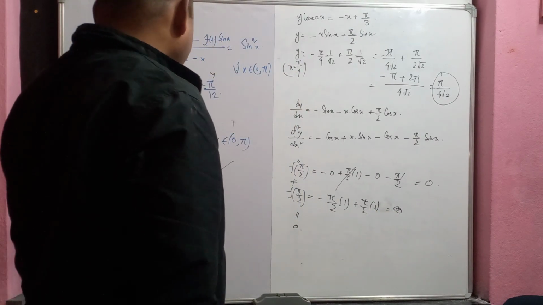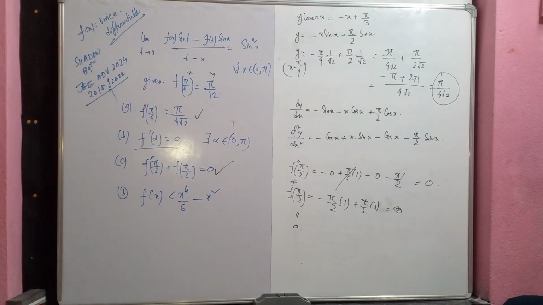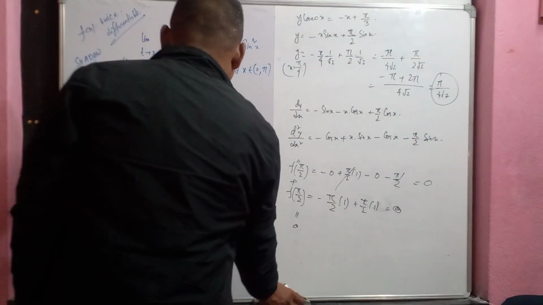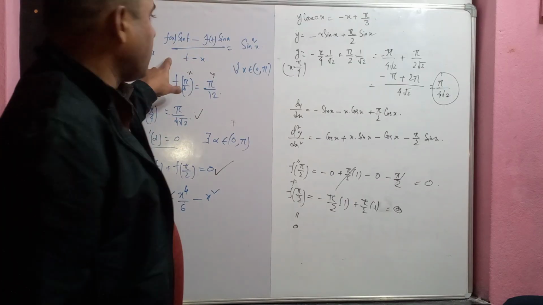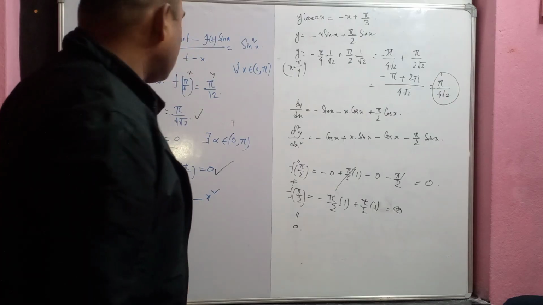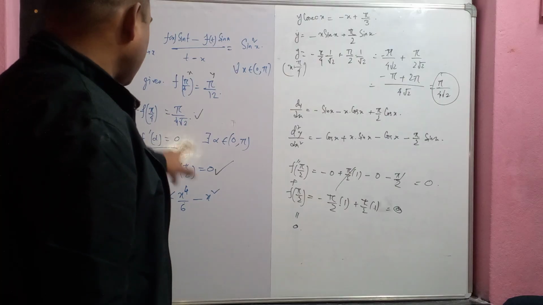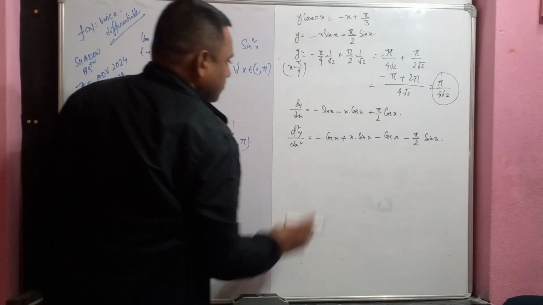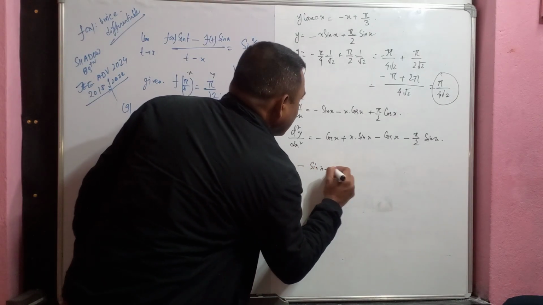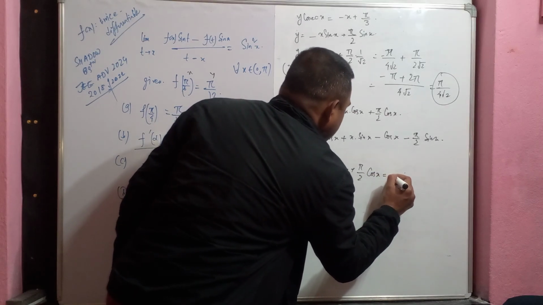Now, if you expand, then you will get... This question comprises lots of things. First, you have to use the L'Hospital's rule, and then, is there any alpha between 0 to pi such that f dot alpha is 0? So you have to calculate f dot alpha equals 0, that means minus sin x minus x cos x plus pi by 2 cos x is 0.